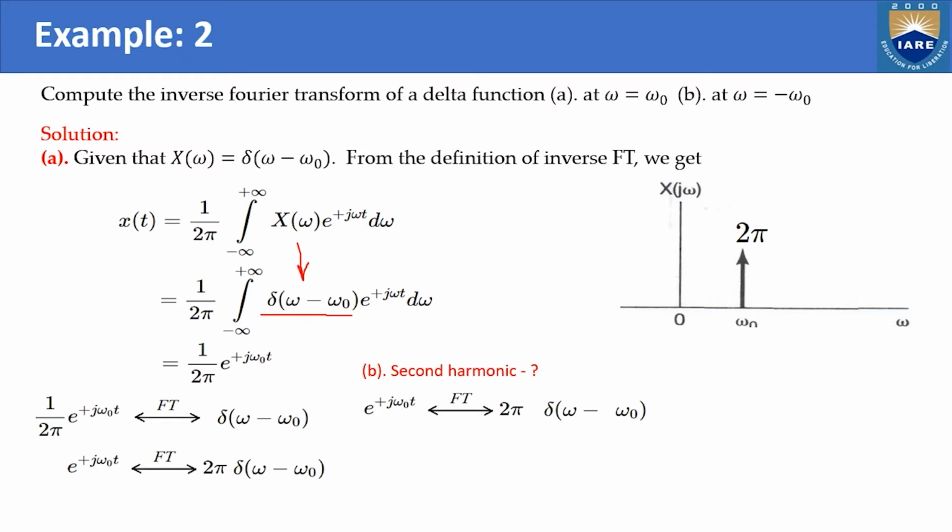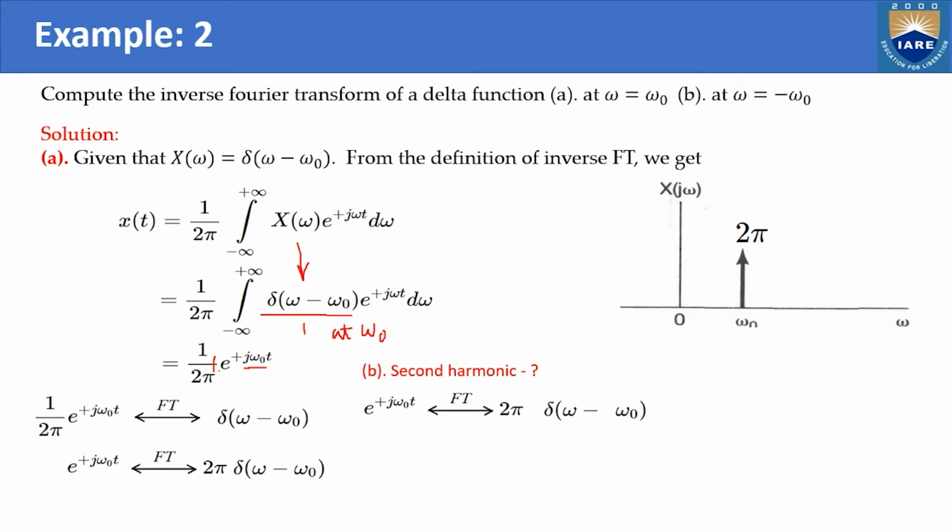Now this is unity at omega equal to omega naught. So substitute omega naught and substitute 1 here for the delta function. So we have 1 by 2 pi e to the power of j omega naught t.